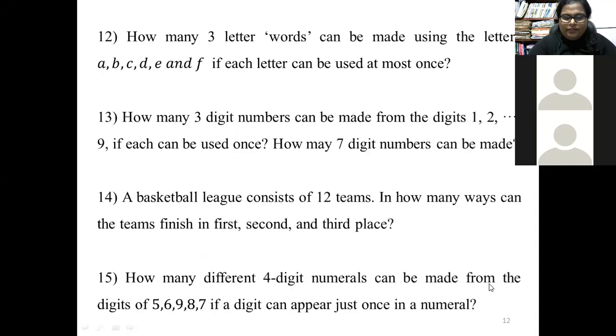Here, how many different 4-digit numerals can be made from the digits 5, 6, 9, 8, and 7, if a digit can appear just once in a numeral? Here it is given that digits do not repeat, but in the earlier question repetition was not mentioned, so we must understand that a team cannot be allocated more than one place.